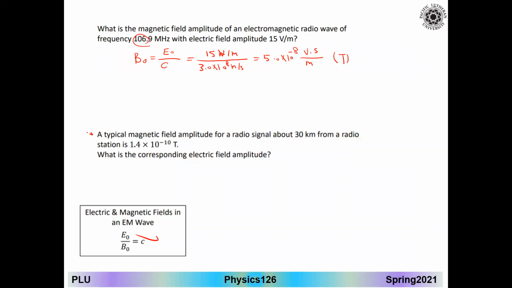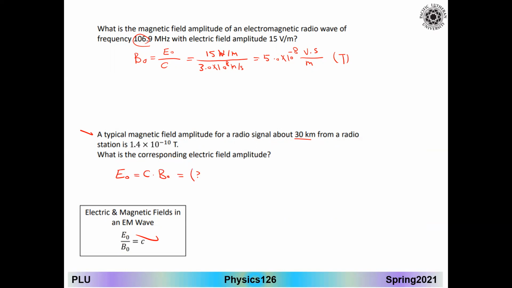Let's move to the second problem here. We are given a typical magnetic field for a microwave radio, 1.4 power to the minus 10 Tesla, and you're asked to find the electrical field. Again, we're going to use the same formula, but in this case we are finding the electrical field.